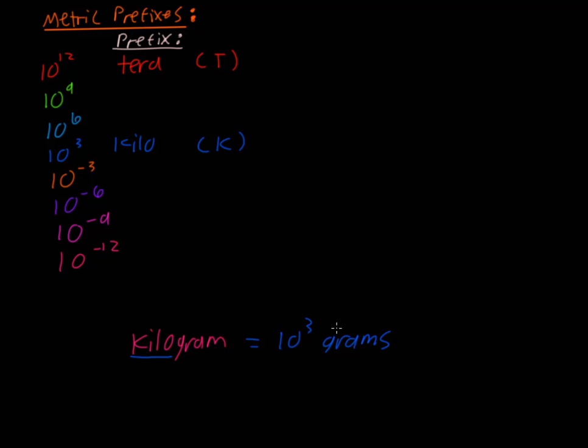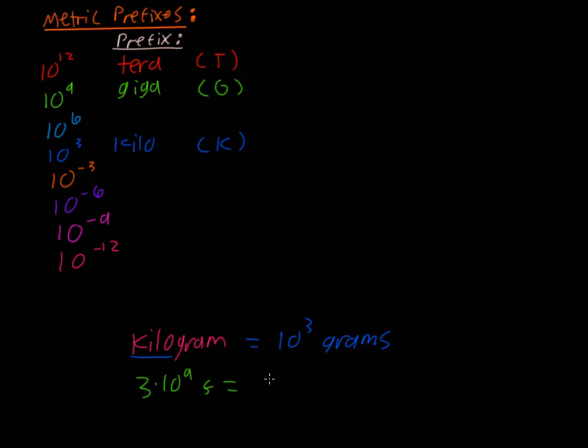We just mean that instead of writing 10 to the third or 10 to the power of that unit, we can instead just write the metric prefix attached right in front of the unit. Let's give another example. 10 to the ninth is giga, and we represent it as a capital G. Let's say I had 3 times 10 to the ninth seconds.